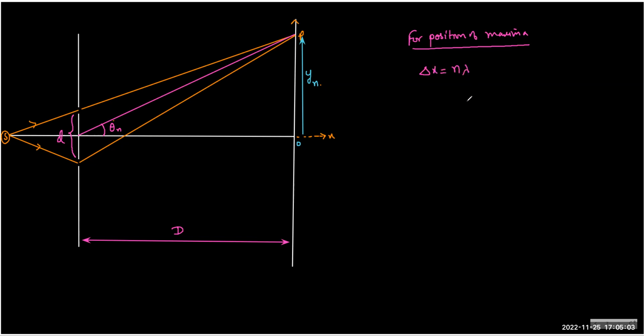N lambda, right? Yes. And to find the path difference, we can just drop a perpendicular from here because this is the simple case. Because we know this angle is theta, this is 90 minus theta.